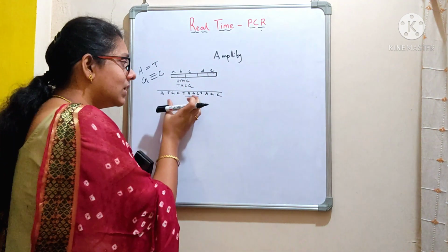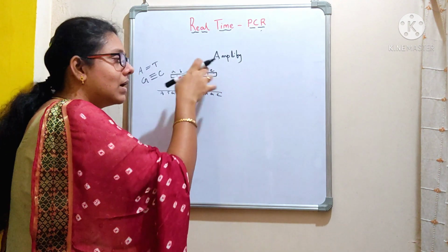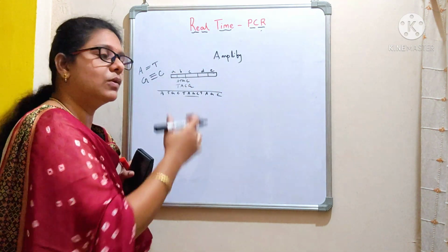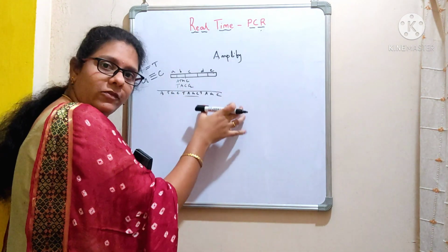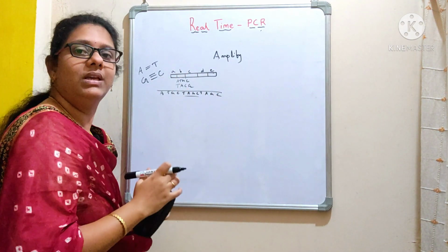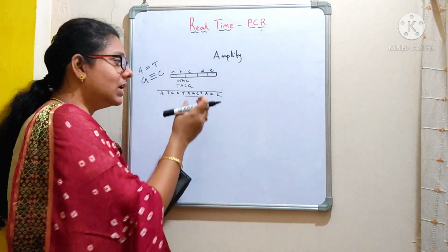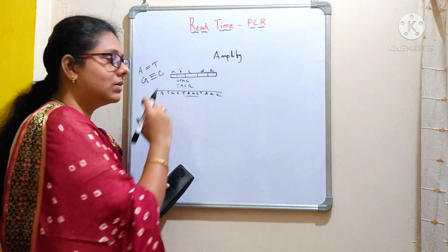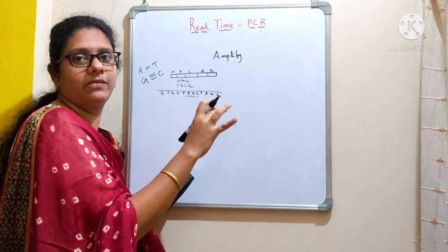We need to know the information, that is the arrangement of the bases that are present in the DNA. So once we know the sequence information, only then do we go with the designing of a primer. So these primers are complementary to the sequence that is present in the DNA. So they will be highly specific.